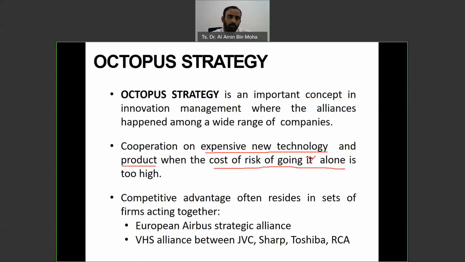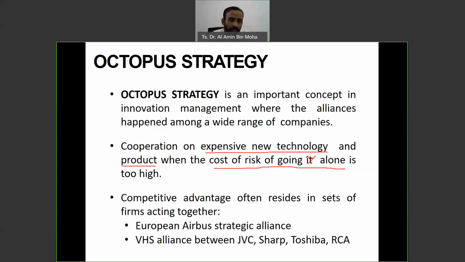Say you want to manufacture a car. If you do everything, from the design, raw materials, all the components, everything, it means you're going alone, so the risk is too high and the cost is too high. So how do you identify which part you are going to focus on, and which part may be given to other stakeholders to be done?